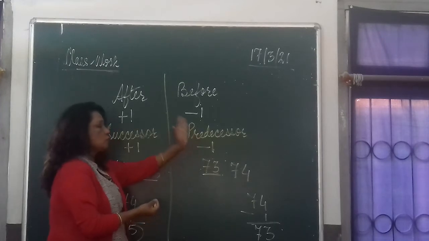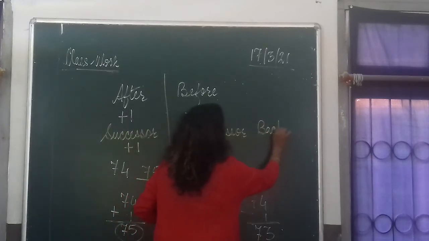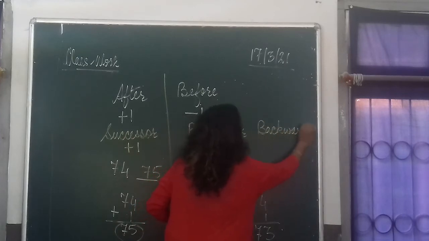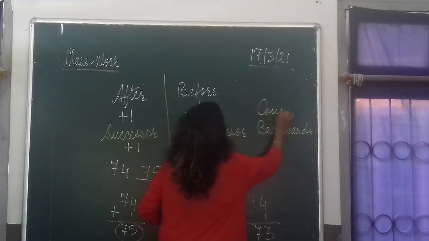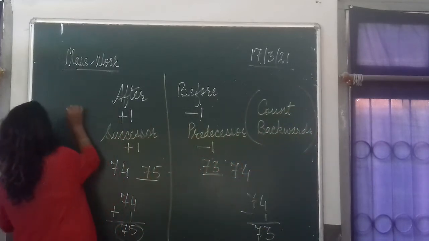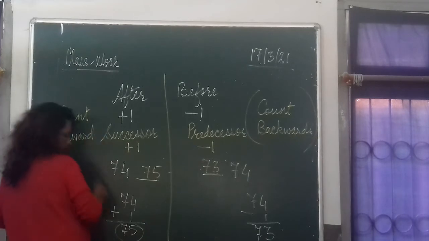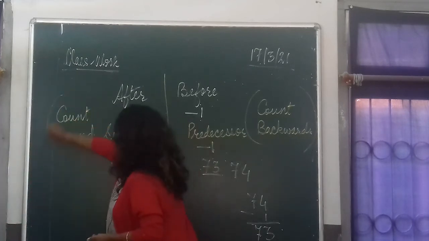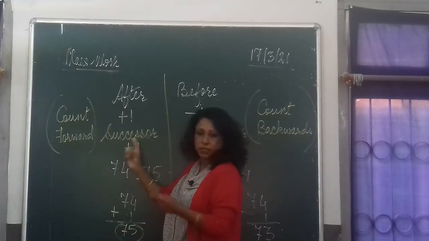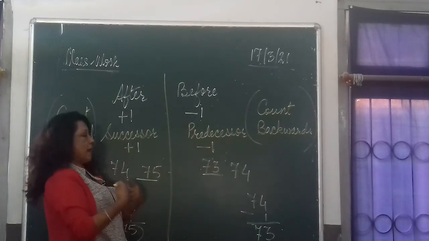So in predecessor, you move backwards, you count backwards. And successor means you count forward. Alright? Successor you count forward and predecessor you count backwards.